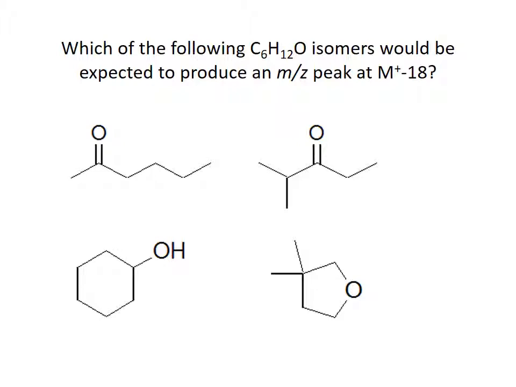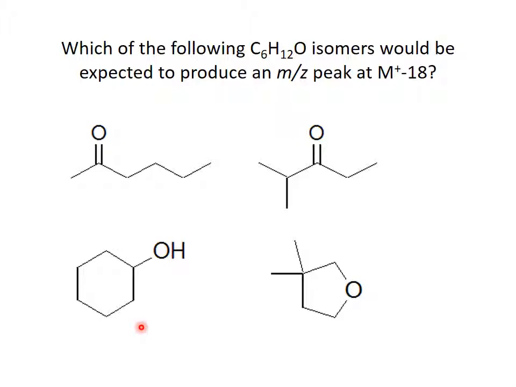Which of the following isomers would you expect to produce a peak at the molecular ion minus 18? Well, all of these would produce molecular ion minus 15 for the methyl, right here, minus 15, right here, minus 15, but this would not produce minus 15.